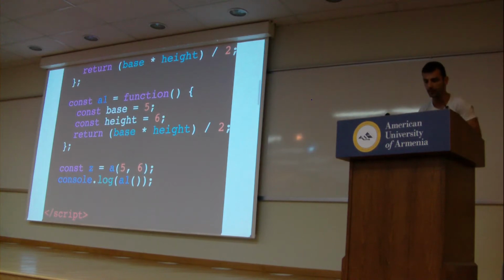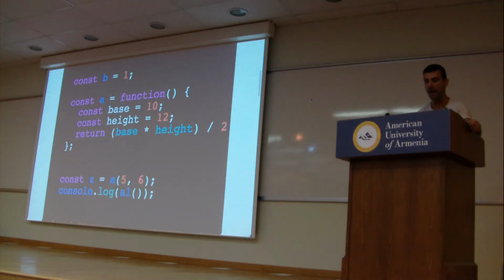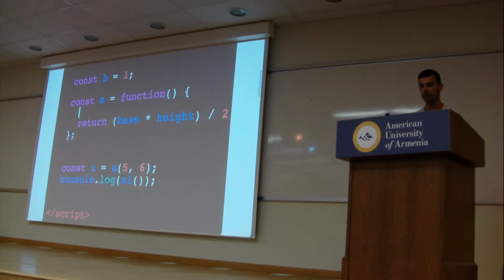I put in the 5 and the 6, and somehow that 5 and the 6 have to come into the function. Hang on, I don't need A1 anymore. Somehow this function has to receive the 5 and the 6, right? How do we do that? Here's what we do. Instead of doing this, we get rid of this. And instead we write here, base and height.